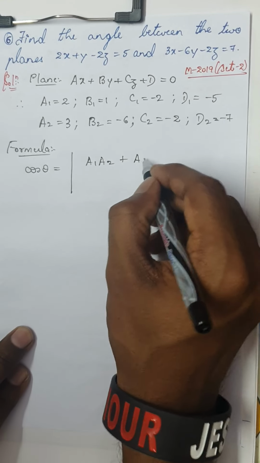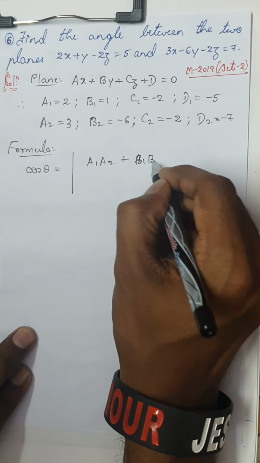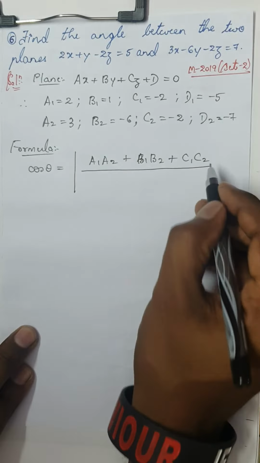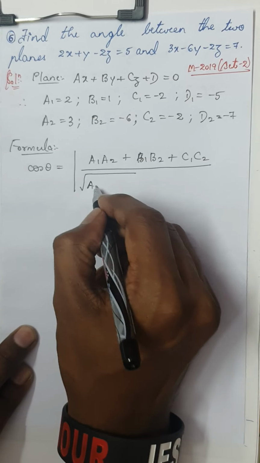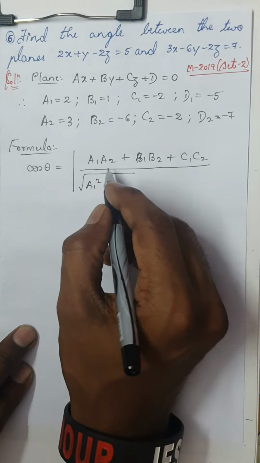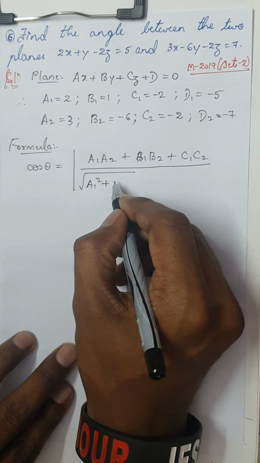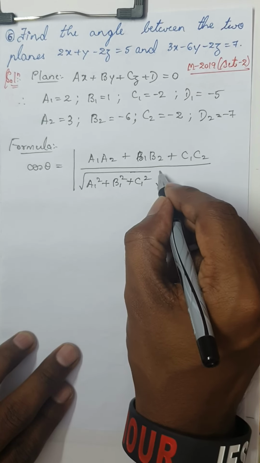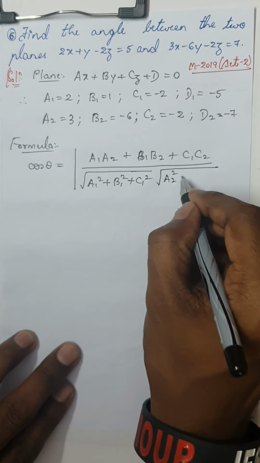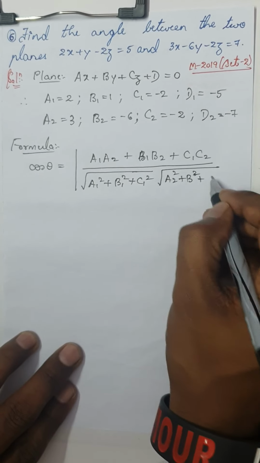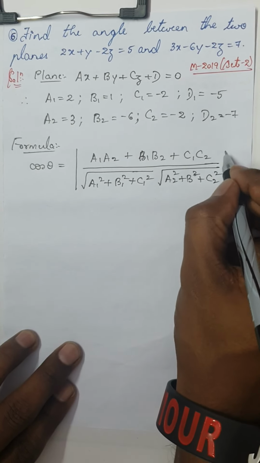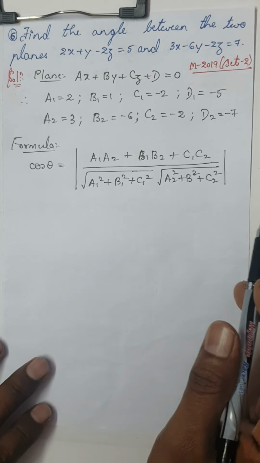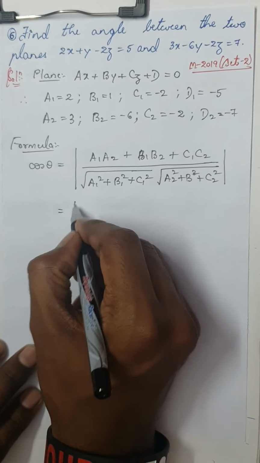We know it is a1 a2 plus b1 b2 plus c1 c2 divided by magnitude of n1, where magnitude of n1 is square root of a1 square plus b1 square plus c1 square, into square root of a2 square plus b2 square plus c2 square. Okay, this is in Cartesian form. Both are actually the same formulas, but only thing is it is in Cartesian form.